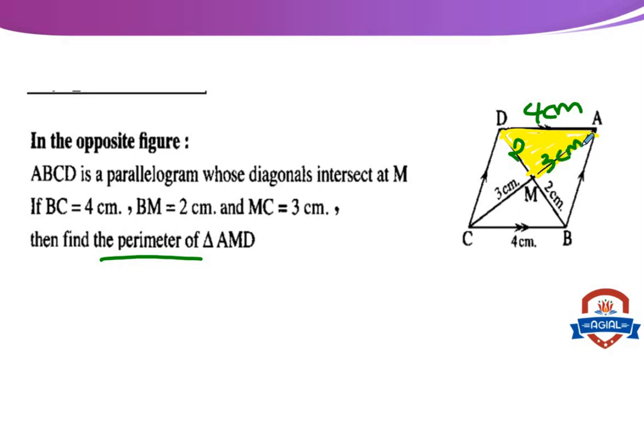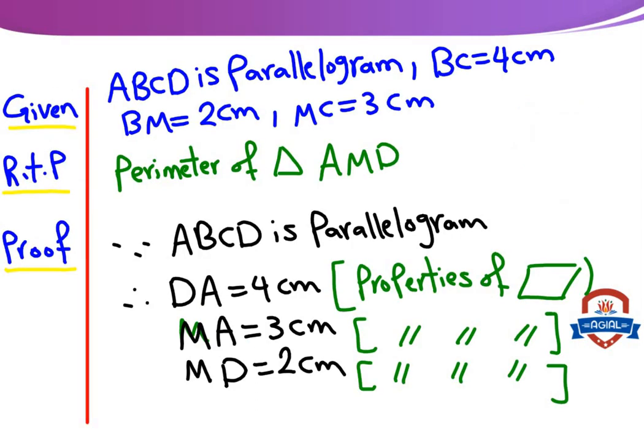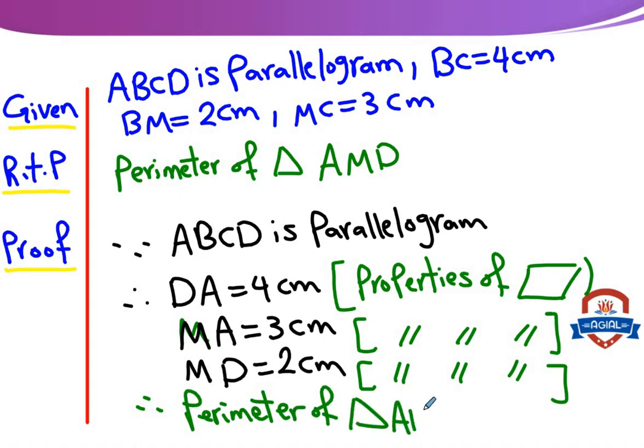Then the perimeter of triangle AMD equals the sum of all lengths. Then perimeter of triangle AMD equals 4 plus 3 plus 2, equals 9 centimeter.